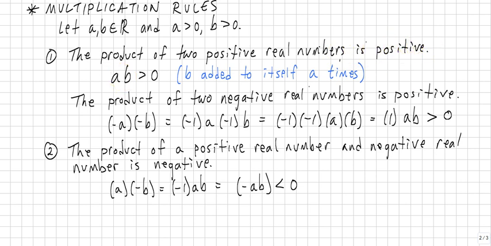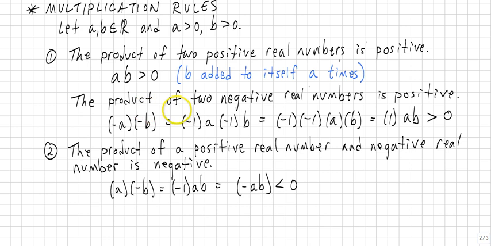So if you take A times B, and if A is positive and B is positive, then the product should be positive. And that shouldn't be too surprising, because if you take A times B, you're just taking the number B and adding it to itself A times. So if B is already positive and you just add another B to it and another B and another B, you just keep moving right down the number line, and it's going to end up positive because you're on the positive side of the number line.